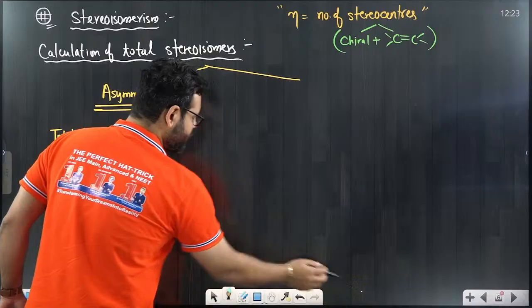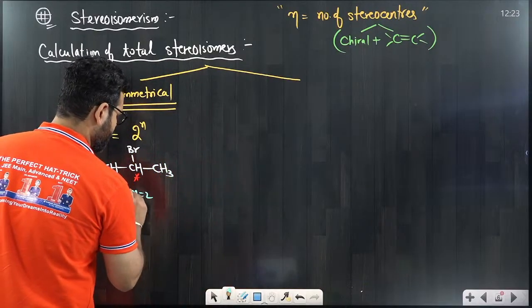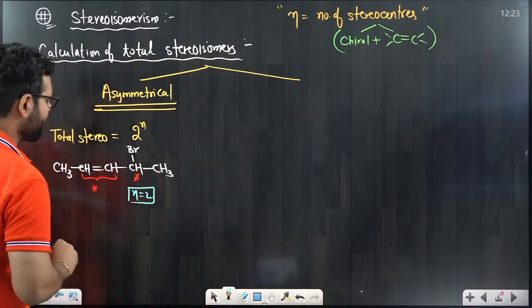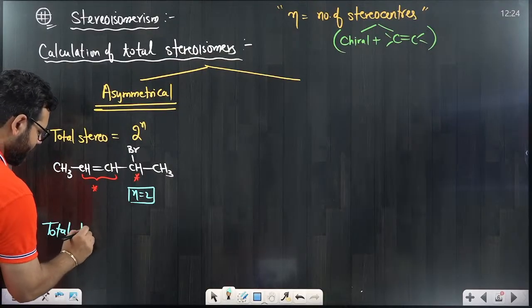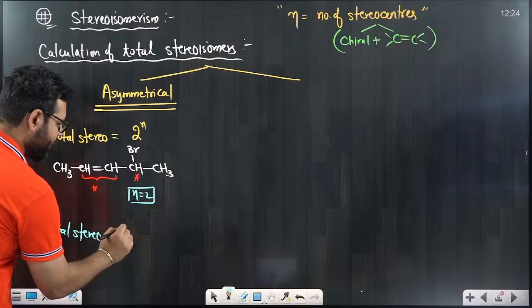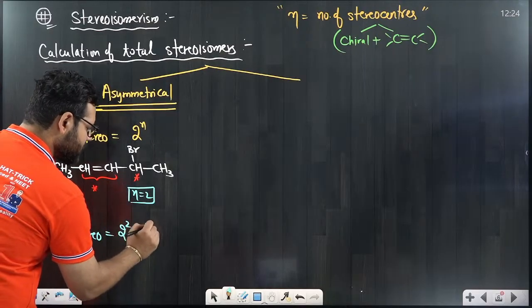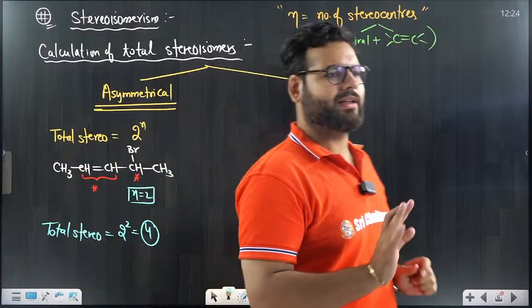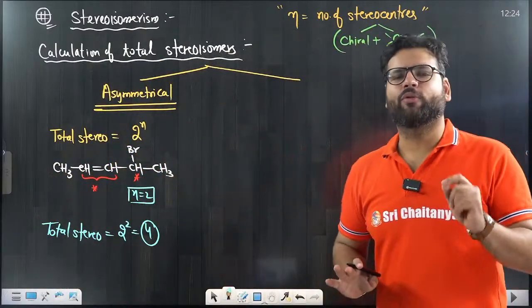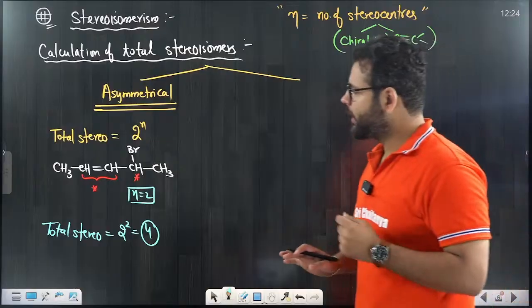So the n value is 2. So total stereoisomers are going to be 2 to the power 2, which is 4 isomers. This particular compound will have 4 isomers.